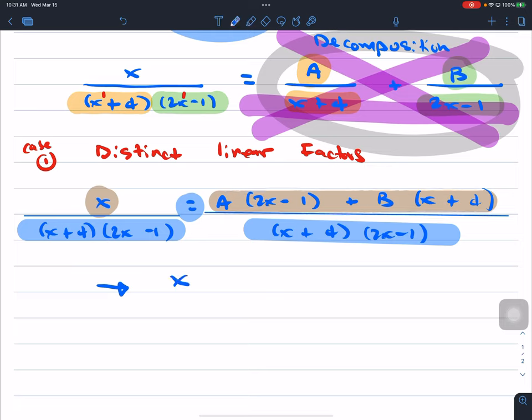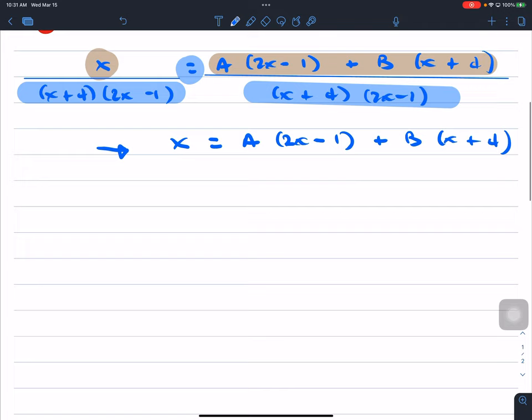So that's saying x is A times 2x minus 1 plus B times x plus 4. Okay? Now, this is kind of the nicest situation to be in. And you might say, why is that a very nice situation? Do you guys know why that's so nice? Because now we can actually find the constants A and B pretty simply.